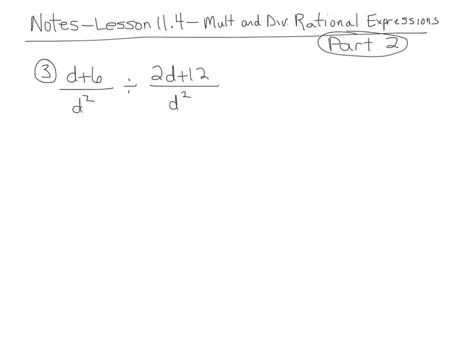Okay, so remember, and I reminded you in the first video, that to divide, you turn this to multiplication and you flip the second fraction. Alright, so we'll keep D plus 6 over D squared. We'll change it to times, and we'll flip the second fraction.